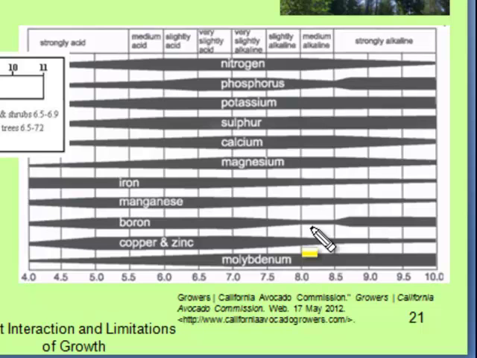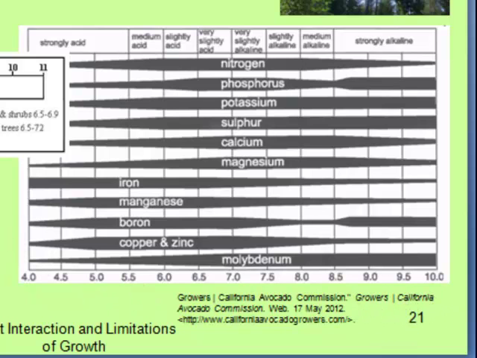These particular elements are available to trees in different amounts based on their pH. And if you look at the bottom here, you can see that there's the pH levels shown. And here we have pH from 4, which is very acidic, to pH 10, very basic. And where do trees like to grow?